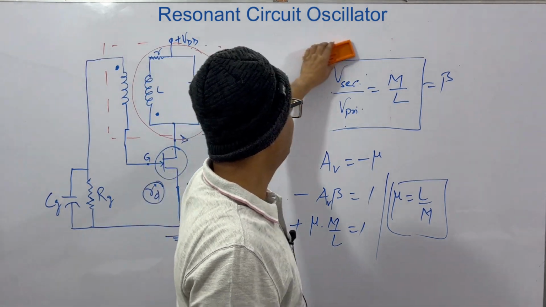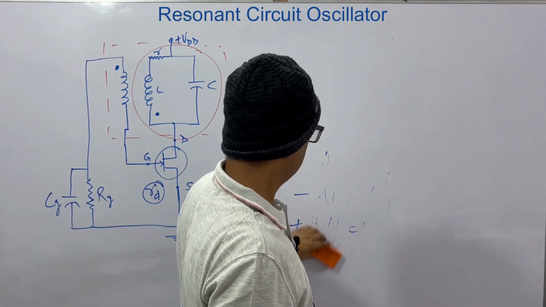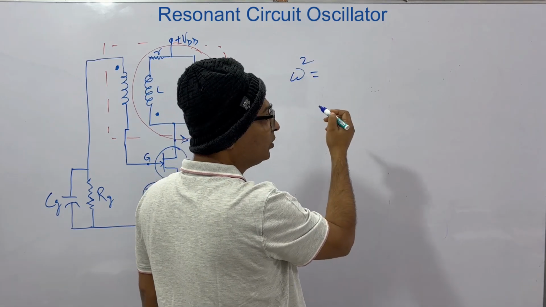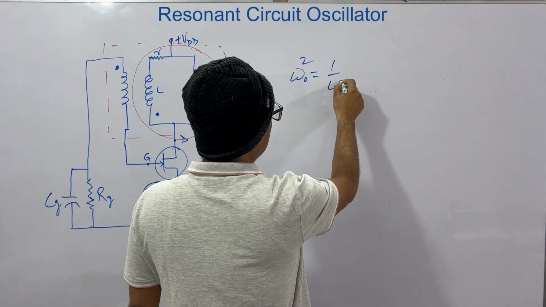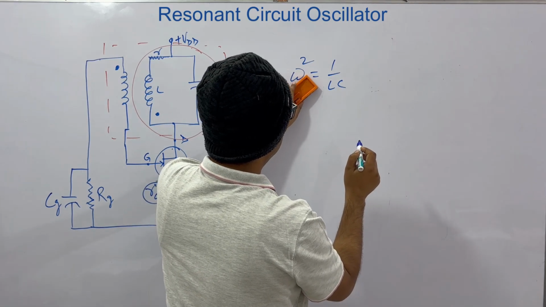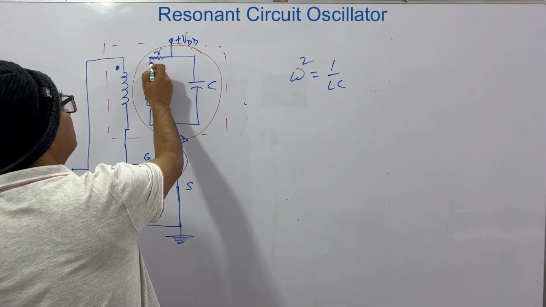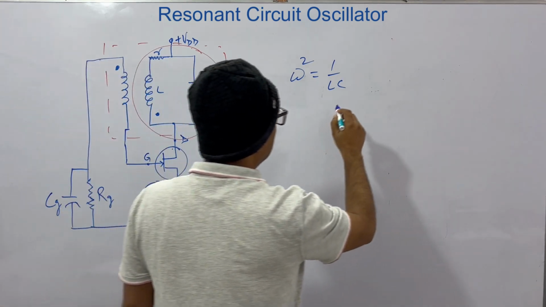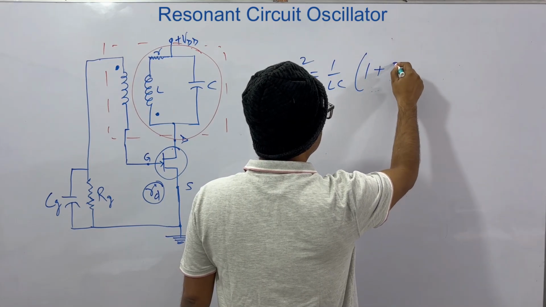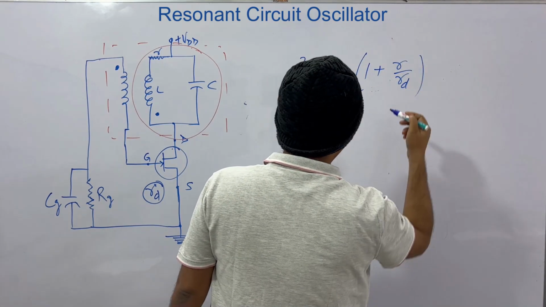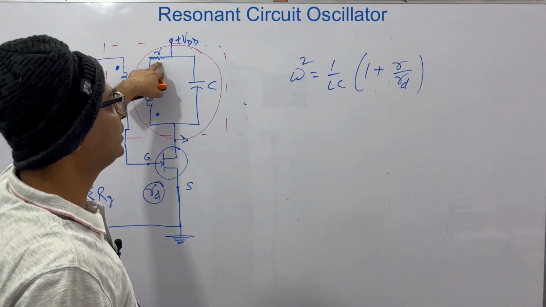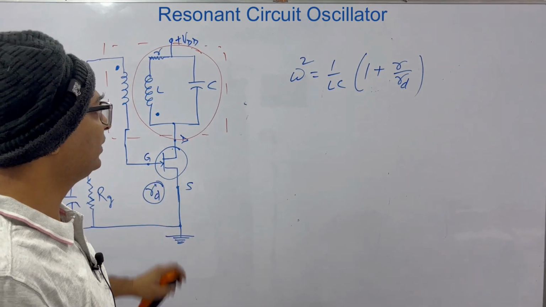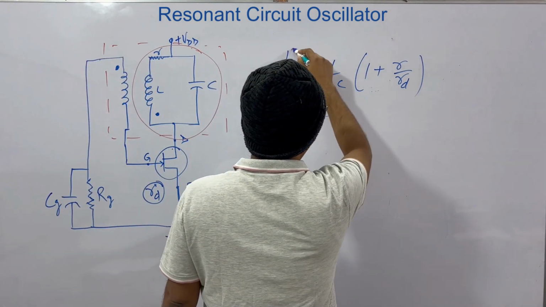Then the difference it makes is this: omega 0 squared was 1 by LC. The omega that has changed from omega 0 because of this resistance R is given by omega squared equals 1 by LC into 1 plus R by RD, where R is the resistance of the coil and RD is the drain resistance of the FET. You should keep this in mind.